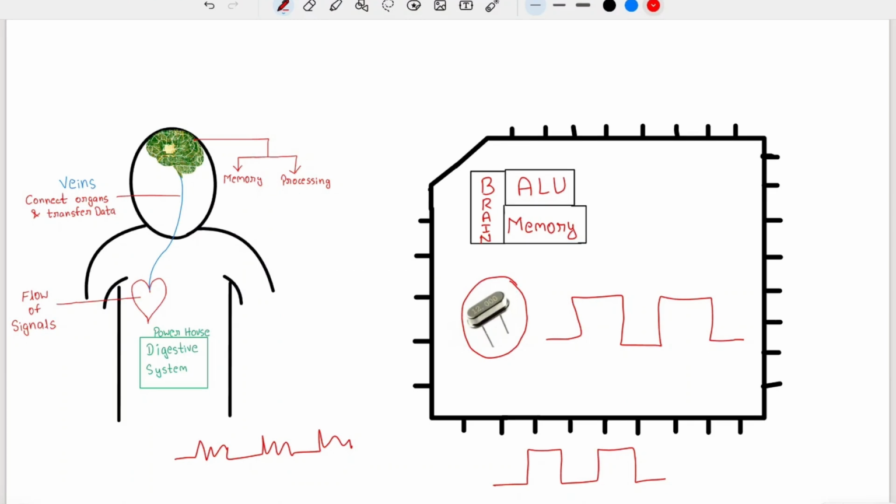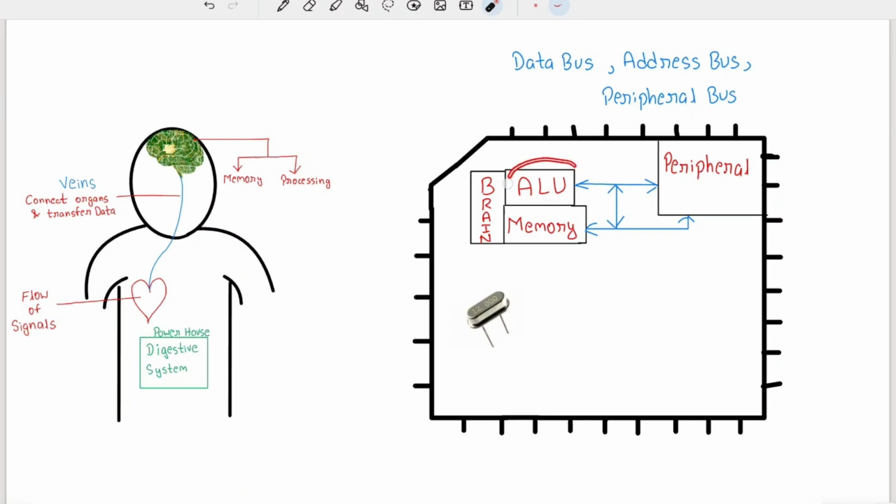Now the parts of the microcontroller like ALU, memory, clock and other parts like peripherals, about which we will talk later, are all interconnected via data bus, address bus, peripheral bus, and many such different types of buses. Due to these buses, data can be transferred to each other. Similar to veins in the human body.